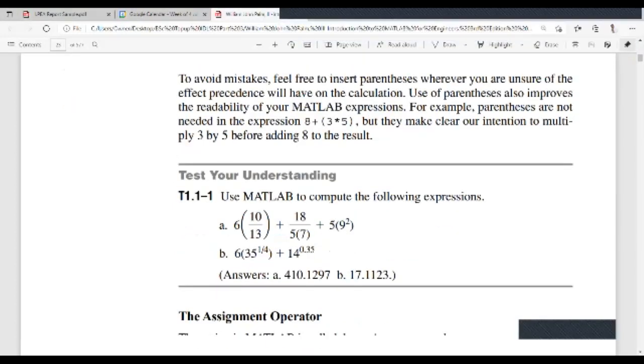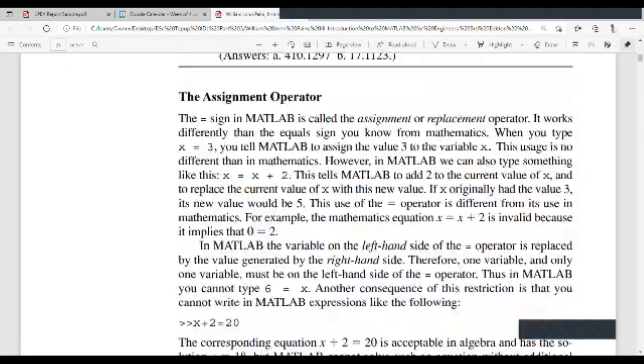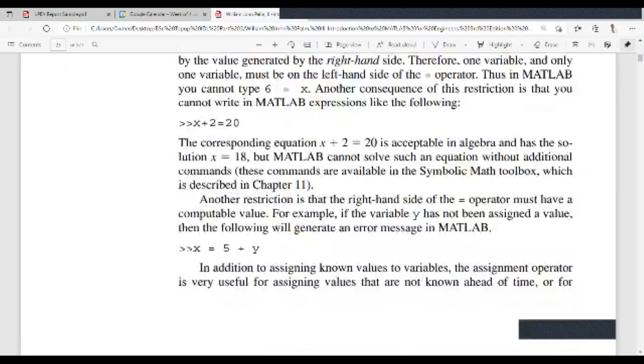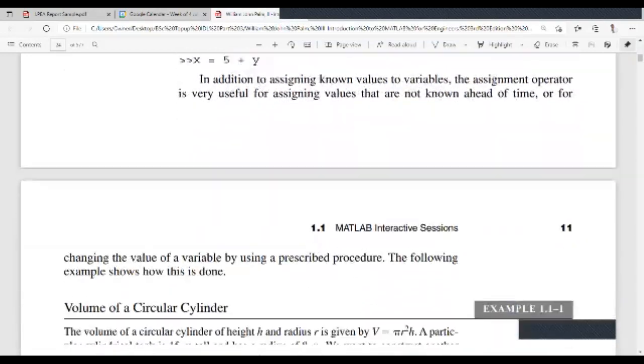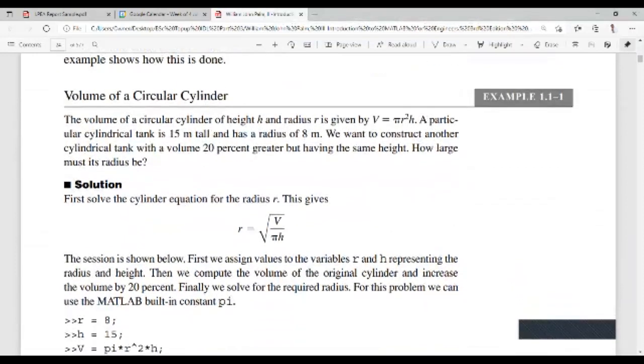So the assign operator: see that the equal sign is called the assign operator. Are you okay with that? I've explained the equal sign, right? Okay, so we will do this volume of a cylinder. We are going to do this, then we will end.